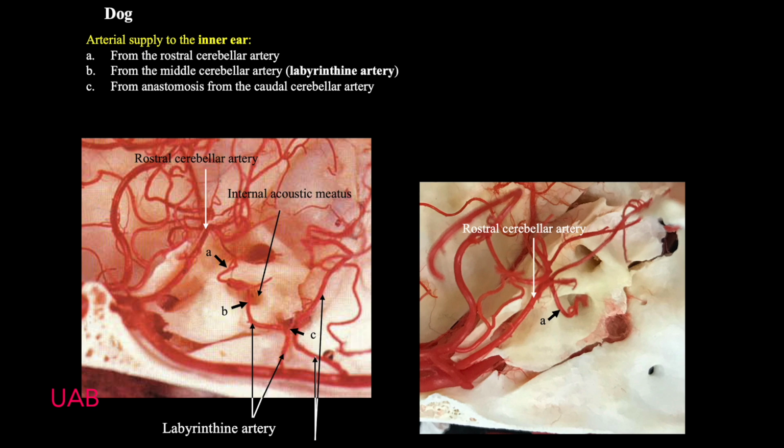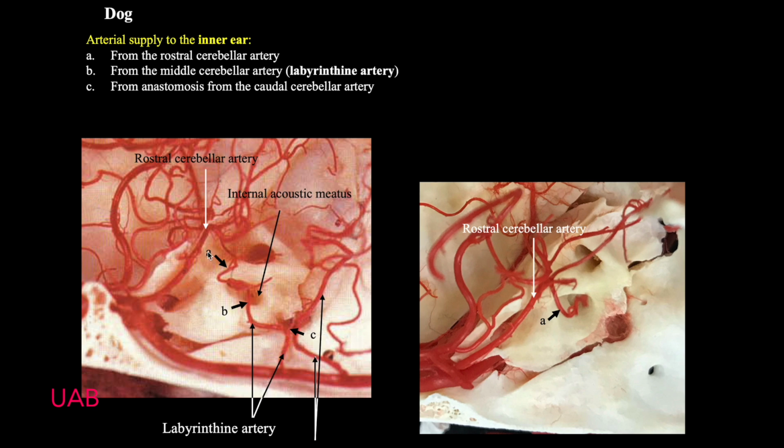Regarding the arterial supply to the inner ear, we have several arteries, at least in a dog. First, this is an inside view of the cranium, a corrosion cast. The cranium has been cut through the middle plane. So you see the dorsum sellae here, the petrosal portion of the temporal bone, and the basilar artery.